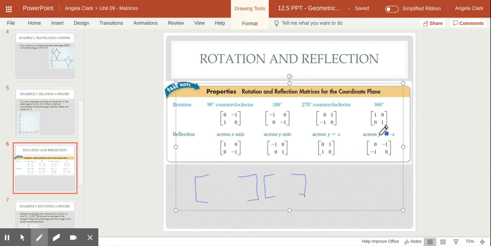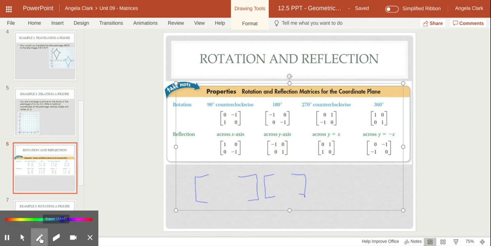And a reflection across y equals negative x is going to switch x and y and change the signs on everything. You don't need to memorize what each of these does, but it's good to have a little bit of an idea of what these are doing. Basically, these are the transformation matrices that you're going to be using for rotation and reflection.